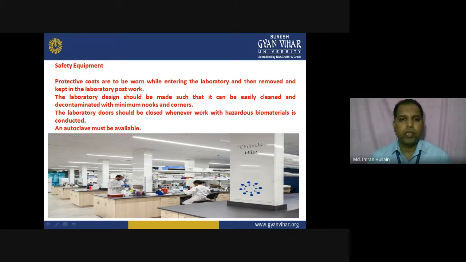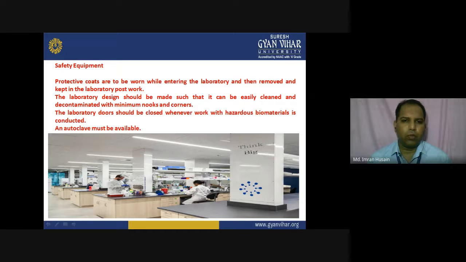The laboratory design should be made such that it can easily be cleaned and decontaminated with minimum nooks and corners. So whenever these types of laboratories are cleaned, sterilized or decontaminated, while the construction is going on, the corners are always made smooth because the cleaning process should be very easy.